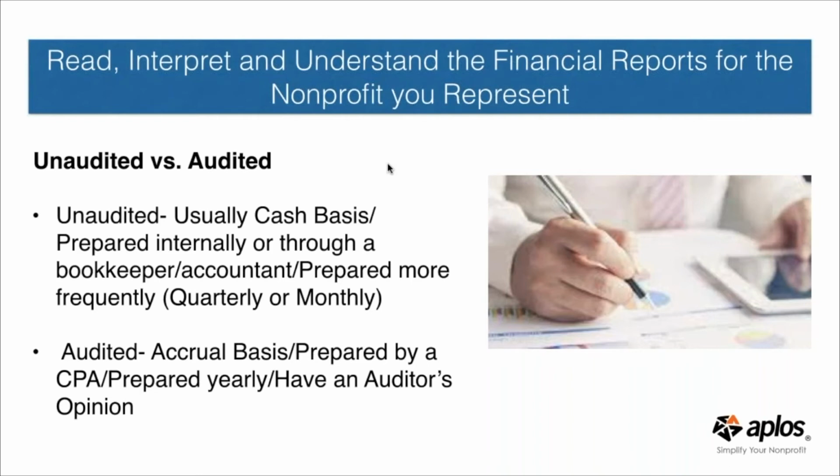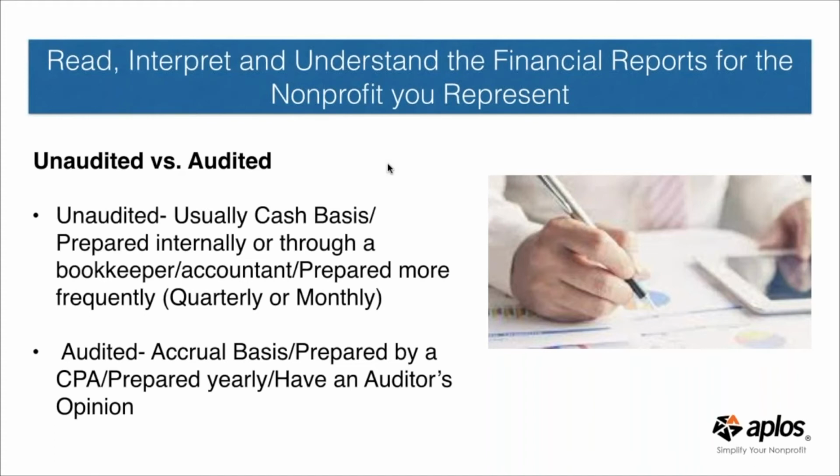Organizations either have a volunteer who does the bookkeeping, or you yourself are the bookkeeper or accountant. These are prepared frequently, like monthly or quarterly, generally internally for the board. An audited statement, versus that, is typically prepared by a CPA, an outside firm.